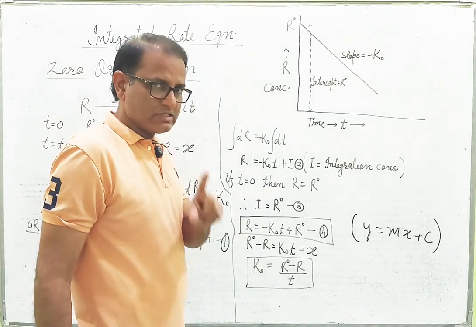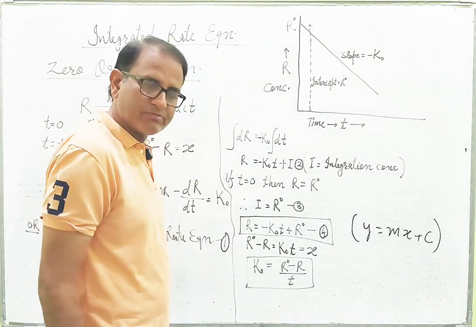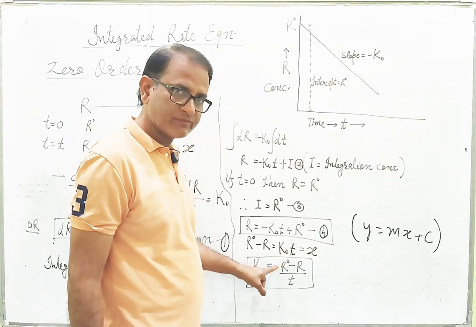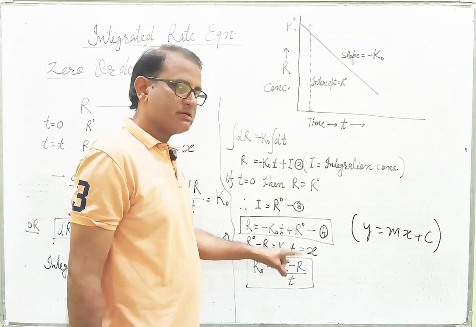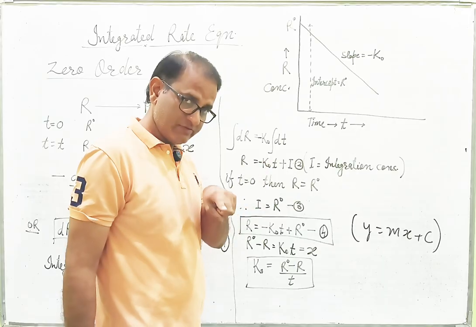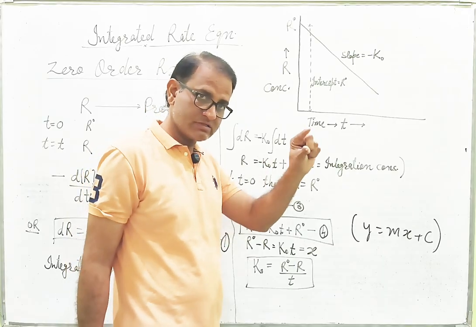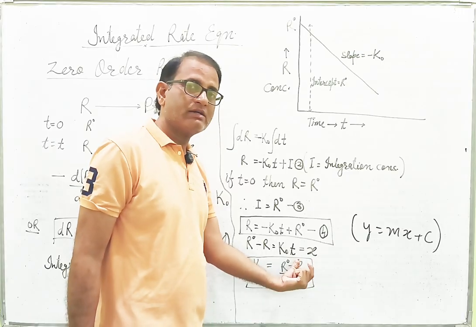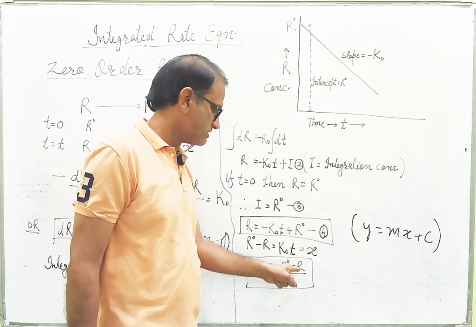If we are saying that the reaction is 25% completed, it means R naught is 100, and R will be 75. Out of 100, 25 is completed. So R is the concentration of reactant at time t.